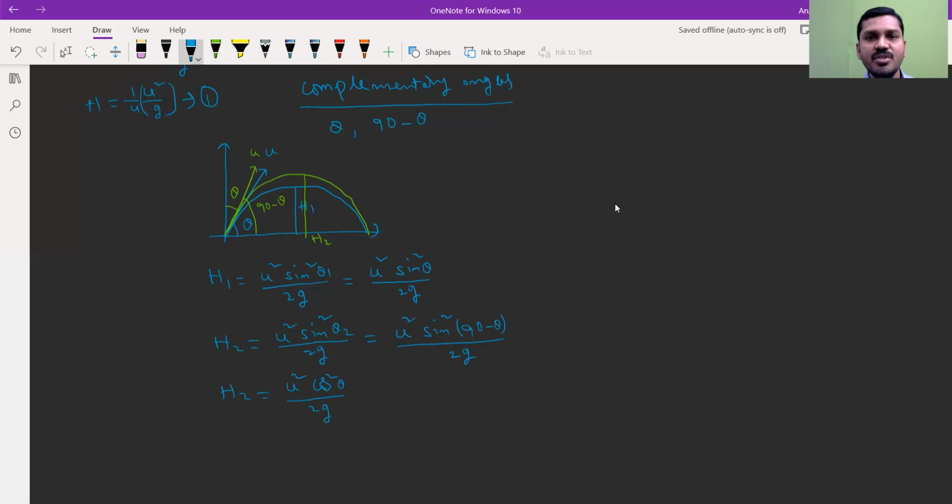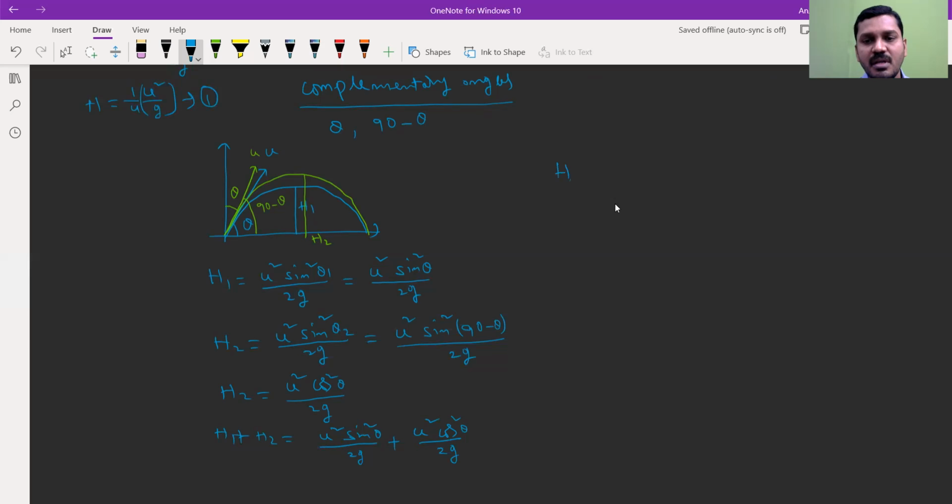Now we got h1 and h2. If adding these two equations, h1 plus h2 is equal to u square sine square theta by 2g plus u square cos square theta by 2g. So which one can we take common here? u square by 2g common.